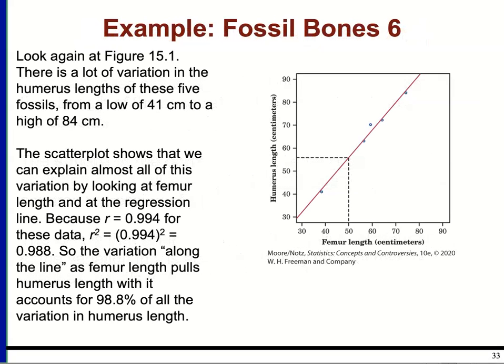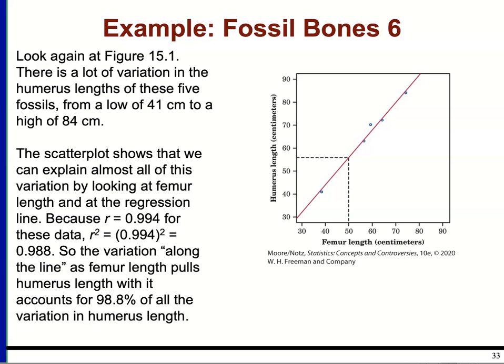it. So going back to our femur example, we had a low value there at about 41 and a high value at about 84. So the scatter plot here has a very strong correlation. It's 0.994. So it's very close to 1, telling us it's a very strong positive linear relationship. R squared, where we take 0.994 and square it, gives us 0.988.